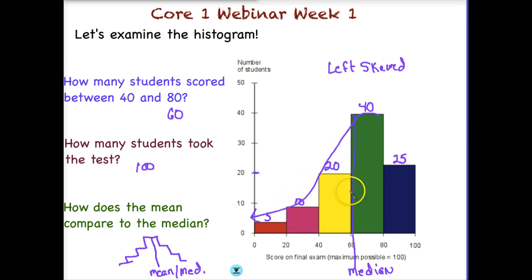To the left or to the right? Good, Dustin, very good. To the left. So that means the median is going to be smaller than the mean. What happens with that tail is that it pulls the mean out of center because we have some extra data values that are small, and so it makes the mean get smaller.